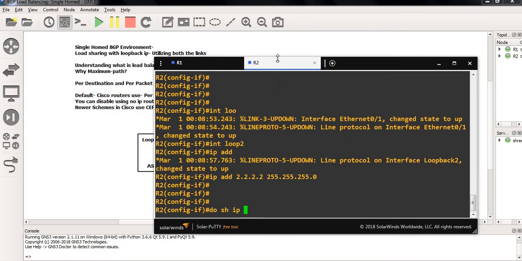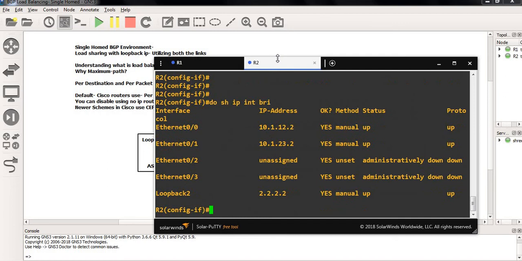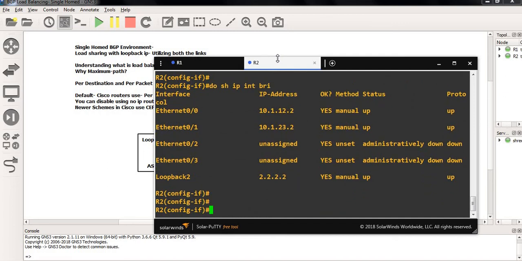Okay, so let's quickly verify our interfaces. Okay, so we have these interfaces configured and they are up.